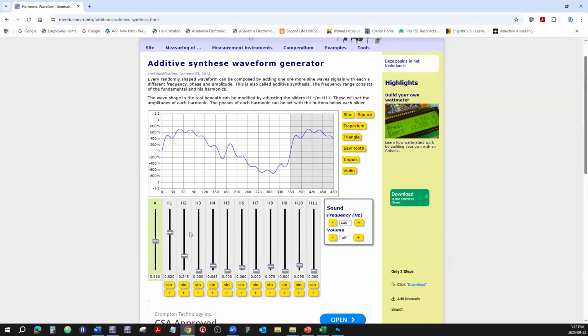But every time we add any kind of harmonic, the waveform begins to be distorted. Okay. I just wanted to show you that.